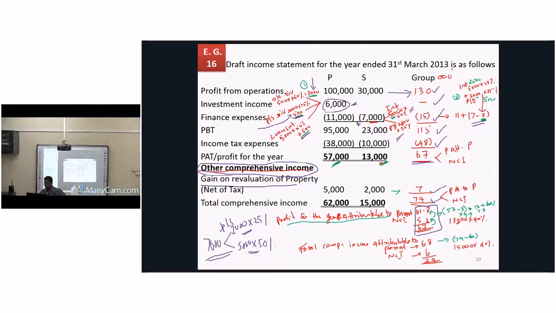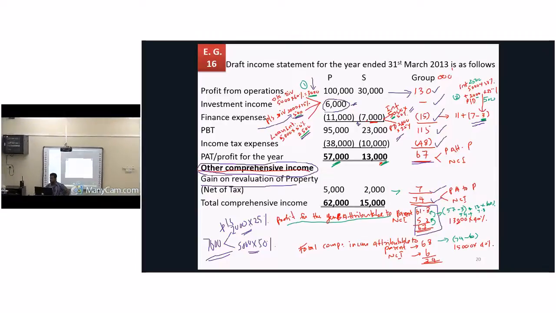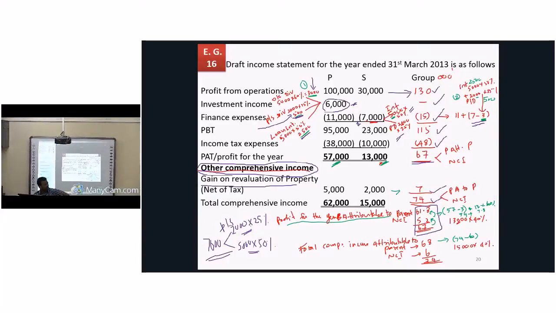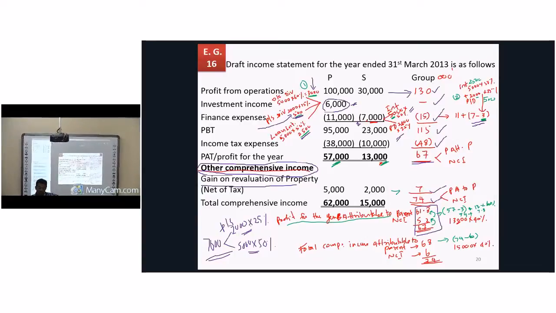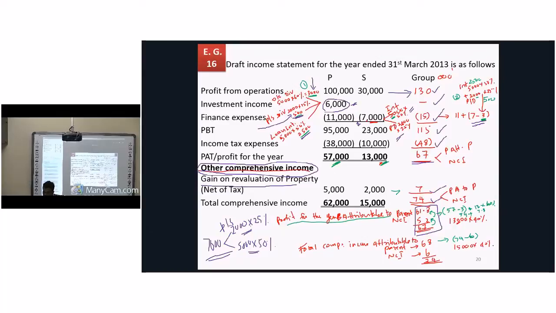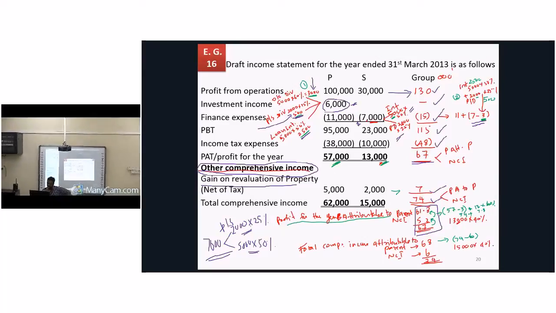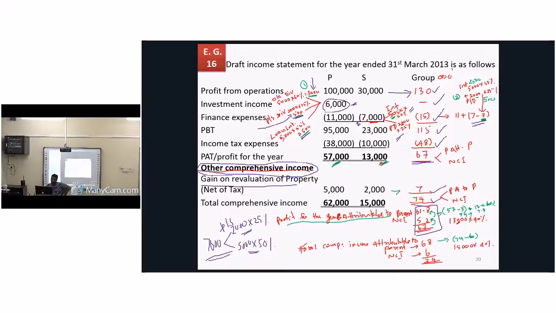This profit 67 should be split into two as profit attributable to parent and NCI. Very simple. I told you to calculate NCI first, then the balance should be allocated to parent. Easy work, no? How to calculate it? Very simple. Subsidiary's profit for the year plus or minus adjustments. What is subsidiary's profit for the year? 13,000.